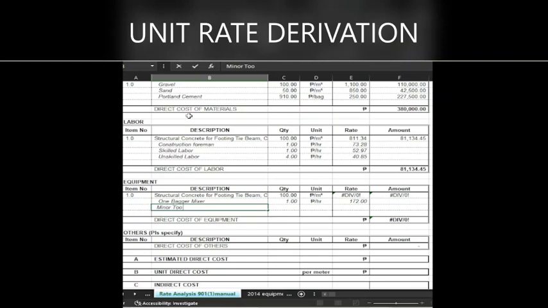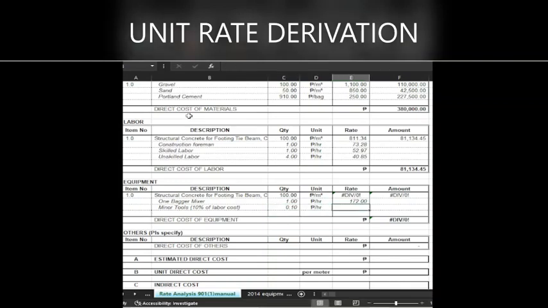So we have minor tools also for our equipment. Minor tools, 10% of labor cost. So this is the 0.1.